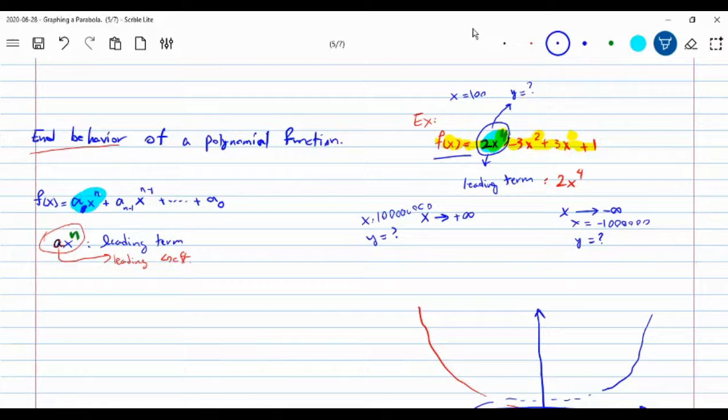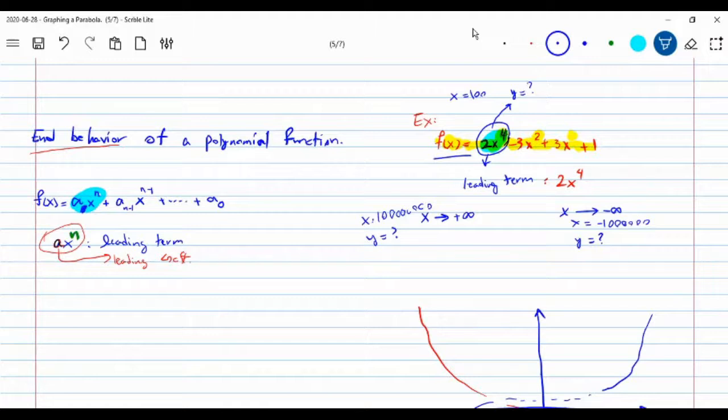The power 4 tells you what happens to the sign. If you put in a positive number, x to the power 4 turns out to be positive. If you replace it with a negative number, x to the power 4 still makes it positive. So if the exponent is even, the outcome is always positive. If you replace 100, 100 to the power 4 is a positive number.